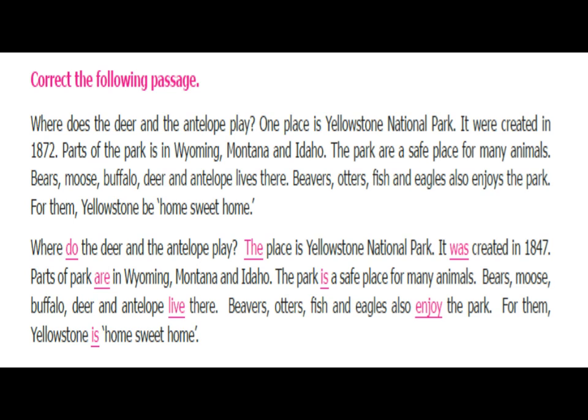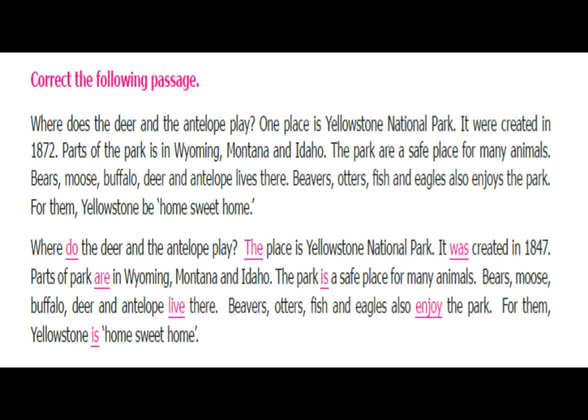Now we are going to correct the wrong verbs. Where do the deer and the antelope play? So wherever we are using the word "and," we have to consider it as a plural noun.